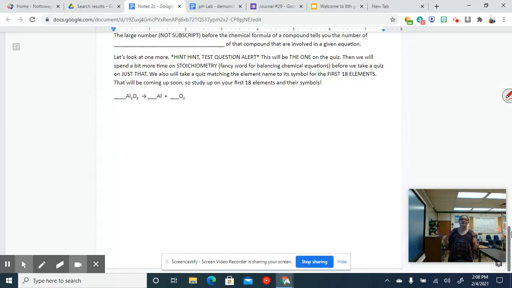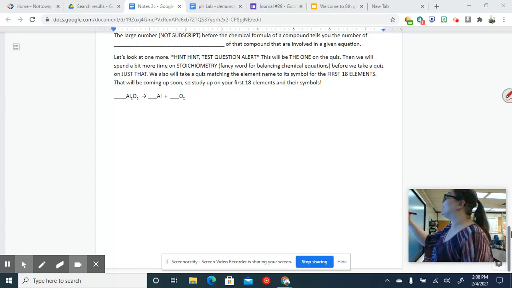The only one that you've got to know for the upcoming quiz is this one right here. The other quiz that you also have coming up is the first 18 elements and their symbols. And there is a Quizlet posted in the folder today to help you review those in case you need some review.